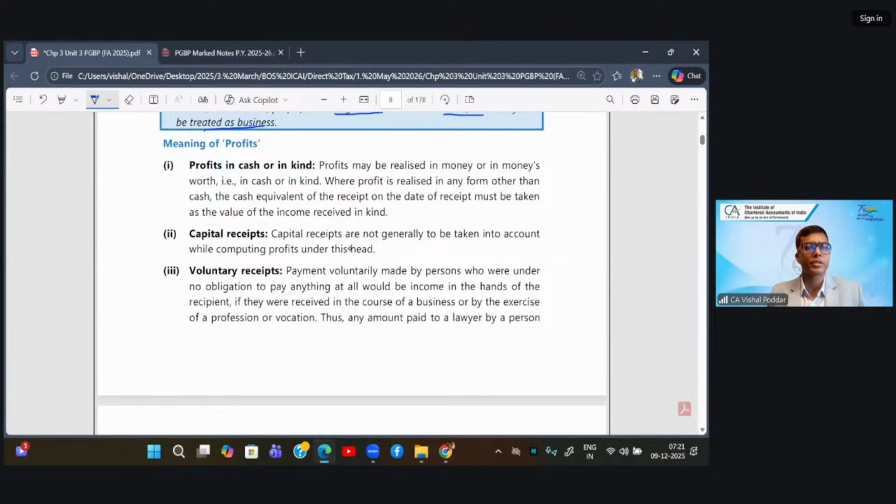Some characteristics relating to PGBP income are given. You may receive it in cash or kind. Capital receipts generally are not taxable under this head. However, you will find a few exceptions where the capital receipt is also taxed under the business head.